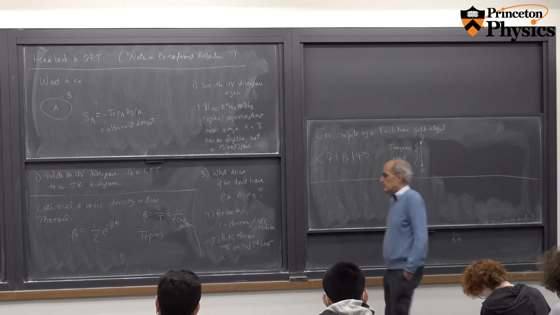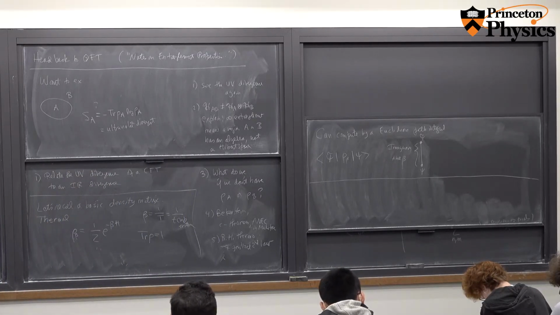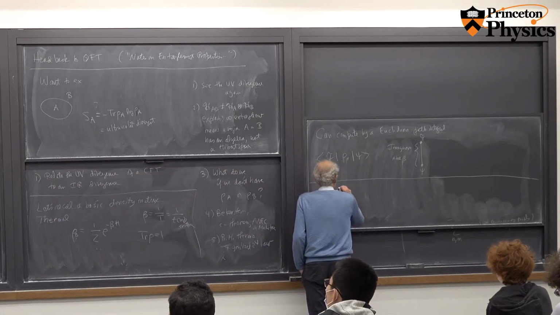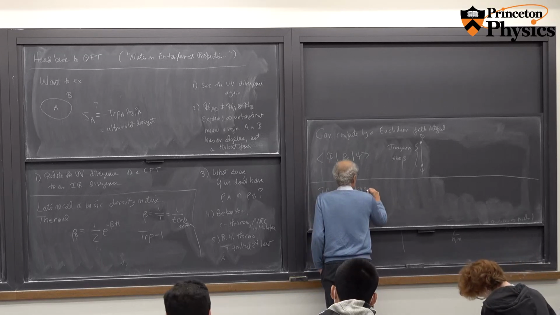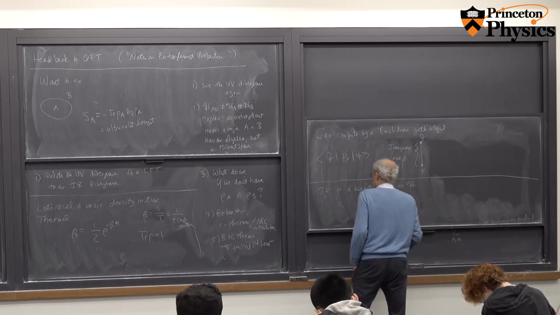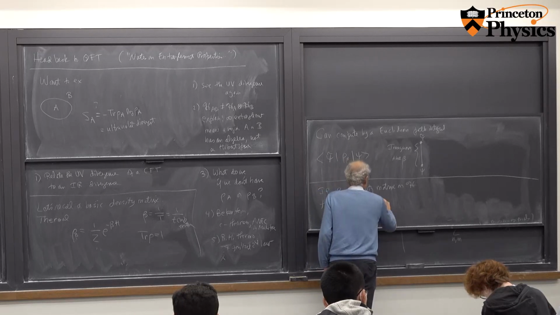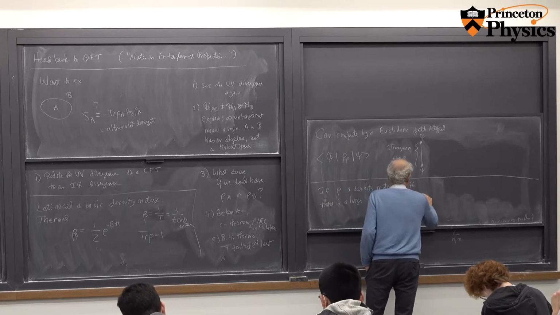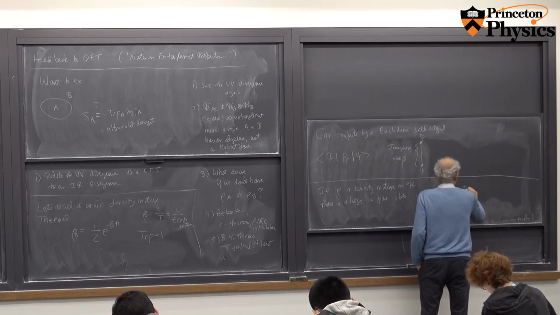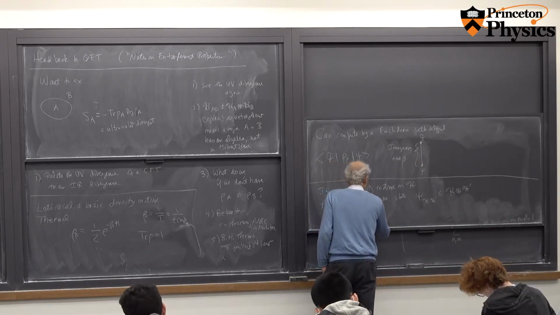Now, remember one thing we said about density matrices was that every density matrix can be purified. So remember that if rho is a density matrix on a Hilbert space H, there's always a pure state psi_HH' in H tensor H' such that rho is the density matrix of the pure state psi.